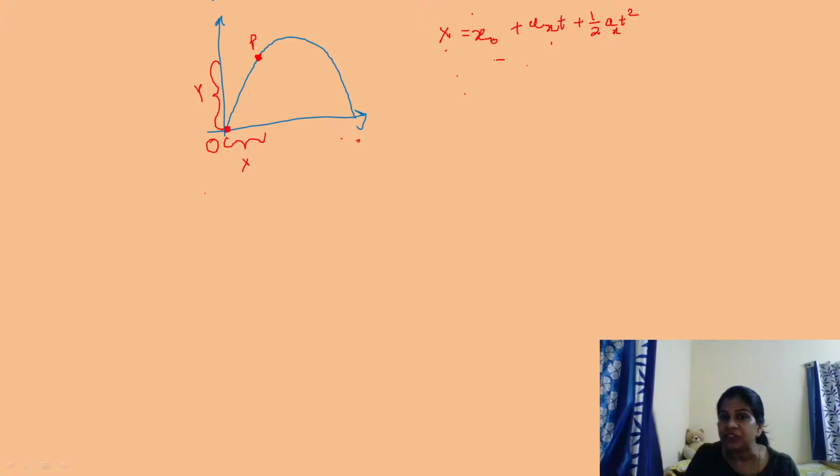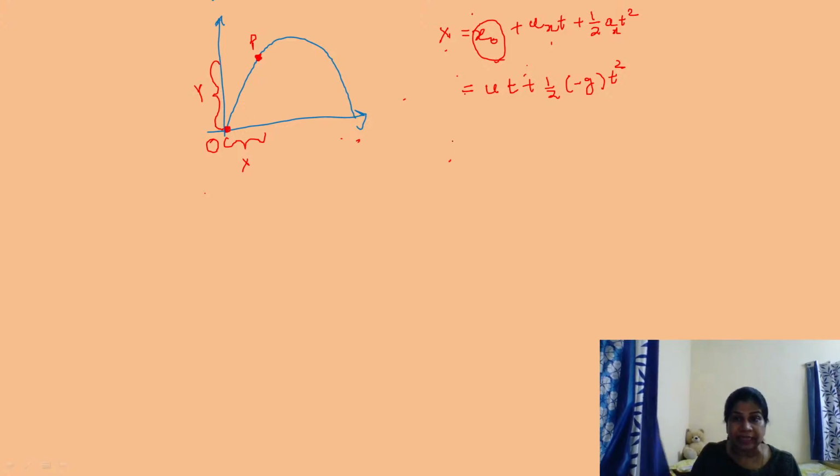Here x0 is 0 because it is starting from the origin. So that is equal to ux, whatever the ux velocity. Suppose your initial velocity is u. Suppose you throw this ball with velocity u. So u into t plus half, and it is moving against gravity, so it is minus g t square. So what is the expression of x? You got the expression of x.